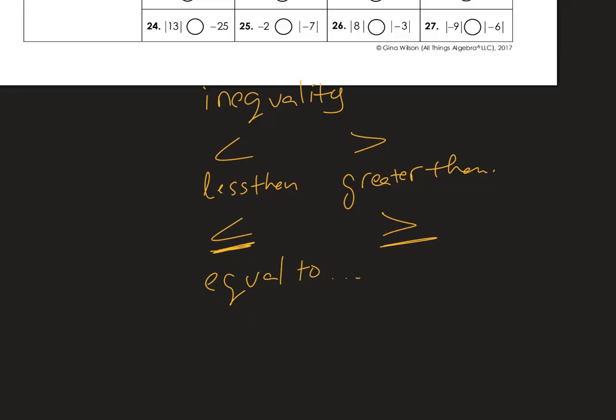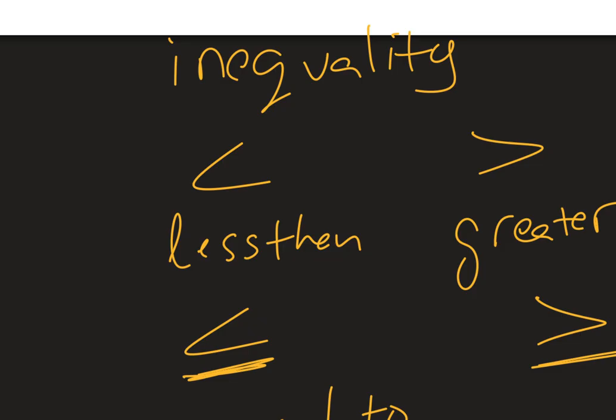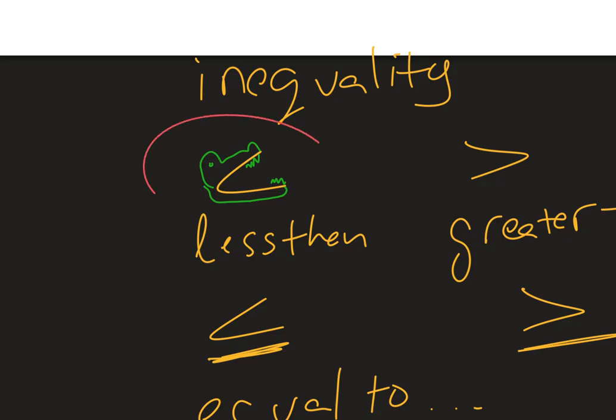I am still a fan of pretending that these are little crocodiles. And little crocodiles, they want to eat big meals, right? So what this story is telling me, and if you don't see that as a story, that's okay.